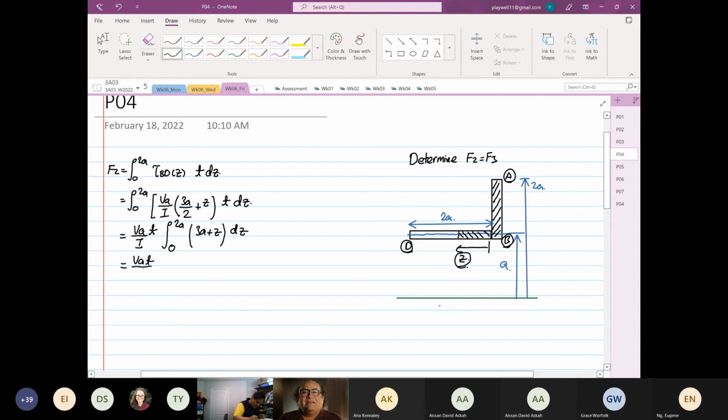VAT over I. So it would be 3AZ over 2 plus Z squared over 2, with limits from 0 to 2A. Okay. So this would be equal to VAT over I.